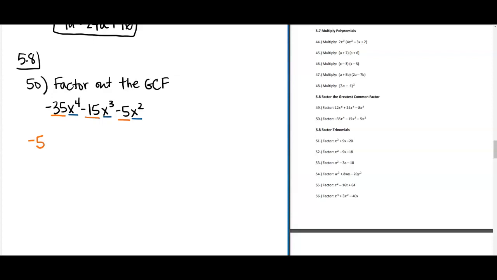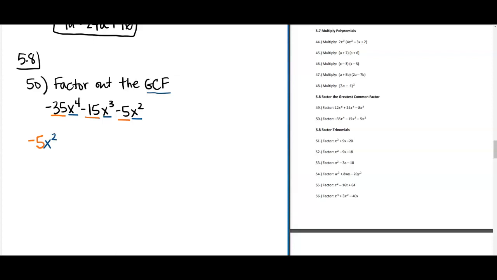This kind of throws people off with the GCF, but x squared is the largest variable that can divide into those because this one only has an x squared to give. So maybe another way you can think of it is it's always going to be the smallest exponent. The variable with the smallest exponent is going to be part of your GCF.